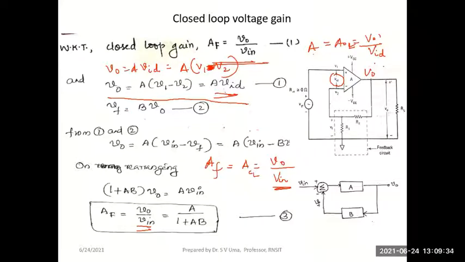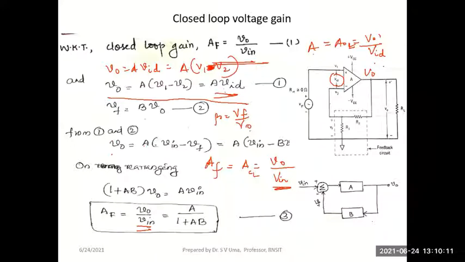And what can I write the feedback factor beta as? The feedback factor beta is VF by V0. VF represents the feedback voltage and V0 represents the output voltage. So the feedback factor is always this. Now I'll try to substitute equation 2 in equation 1 and simplify. V0 is A into Vin minus Vf, as I told you.